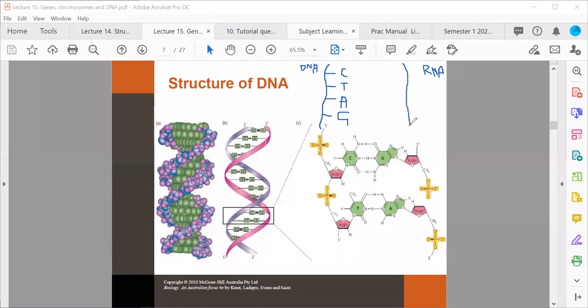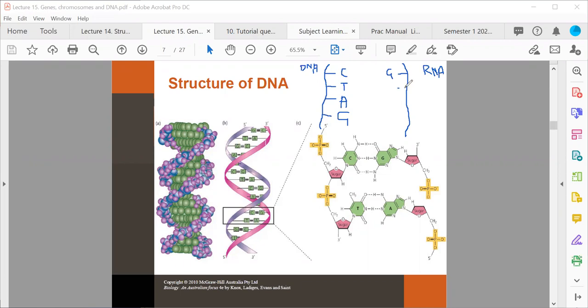So here's the backbone. What would be the nucleotide here in the RNA strand that would bond to a cytosine in the DNA? You can tell me. So what we're looking at here is referred to as the base pairing rules. G, correct? Yep, so just like in DNA and DNA, a C bonds to a G.